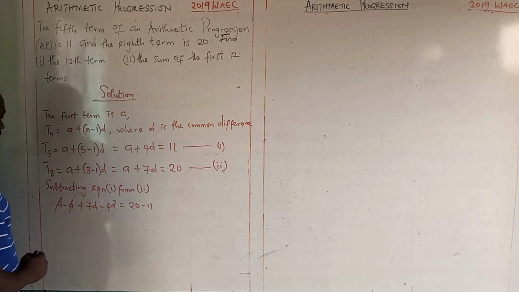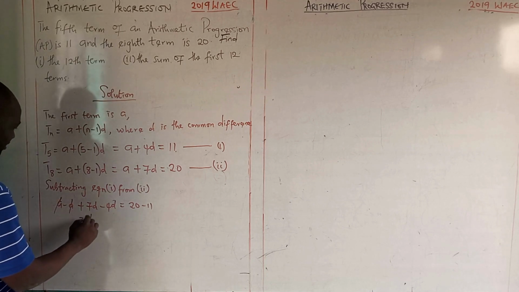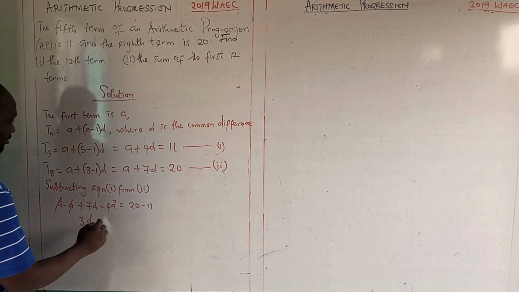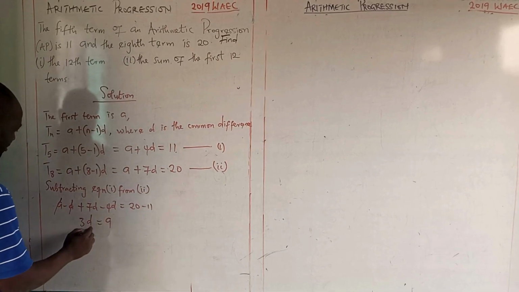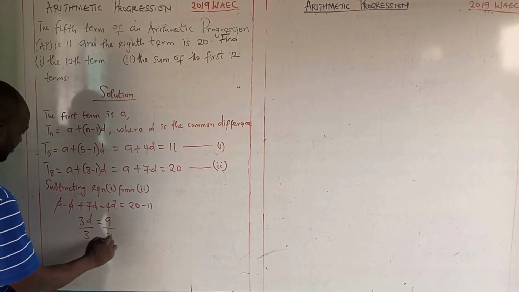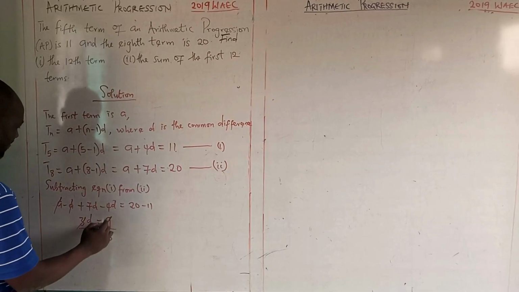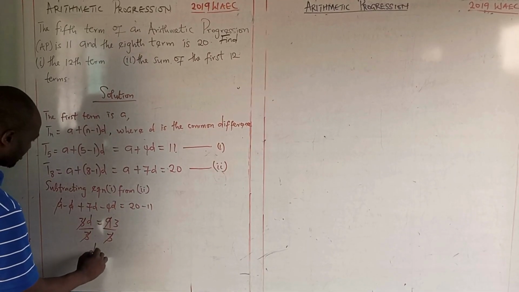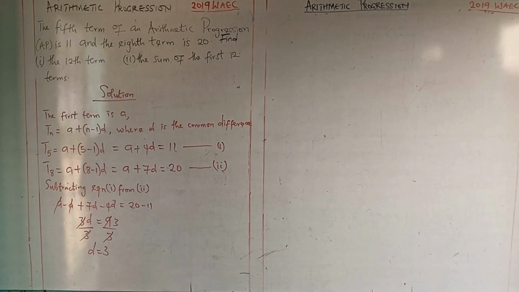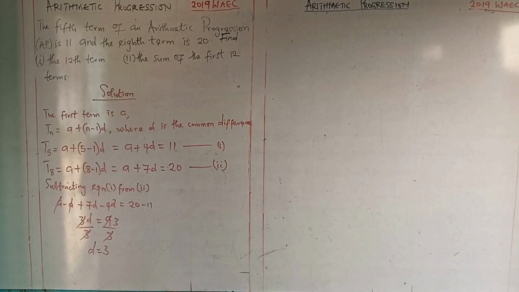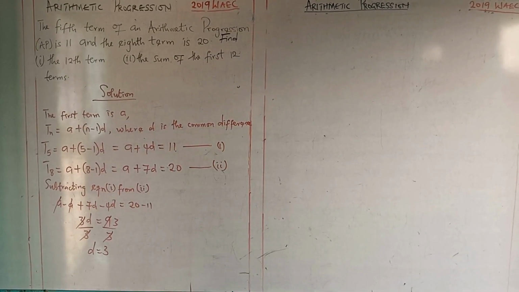That means 3d equals 20 minus 11, 9. Divide both sides by 3. d equals 3.